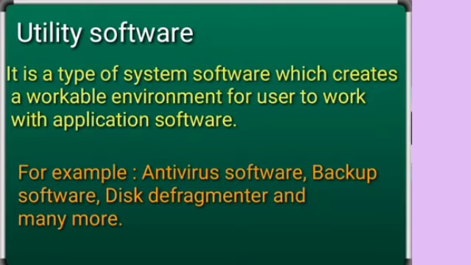The software categorized under utility software includes antivirus software, which helps to remove viruses from the computer; backup software, which takes a backup of the files; and disk defragmenter, which breaks the large file into small files and keeps them in different parts of the disk, so that whenever required they can be accessed easily.